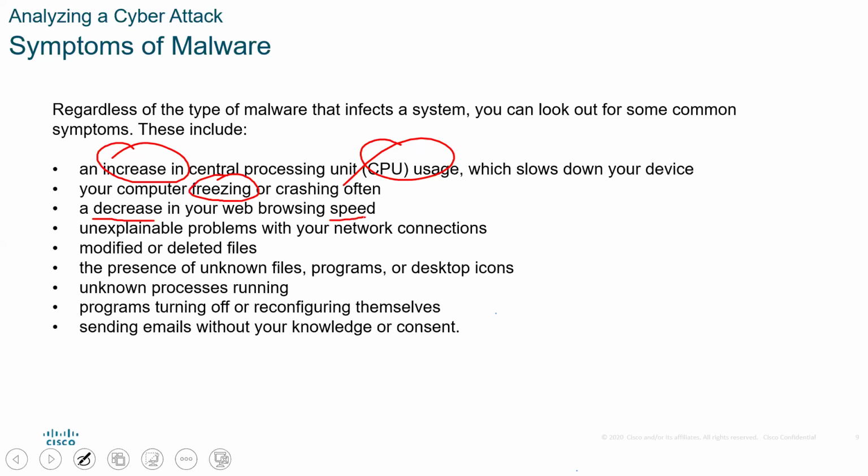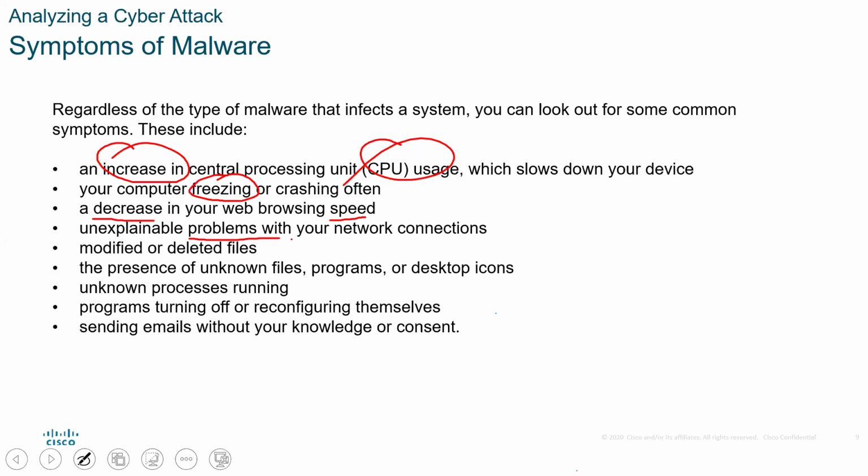The next one is unexplainable problems with your network connections. This one mostly is when you're infected by a worm, right? Your network connections, you just notice very frequent problems, and you wonder where these problems are coming from.